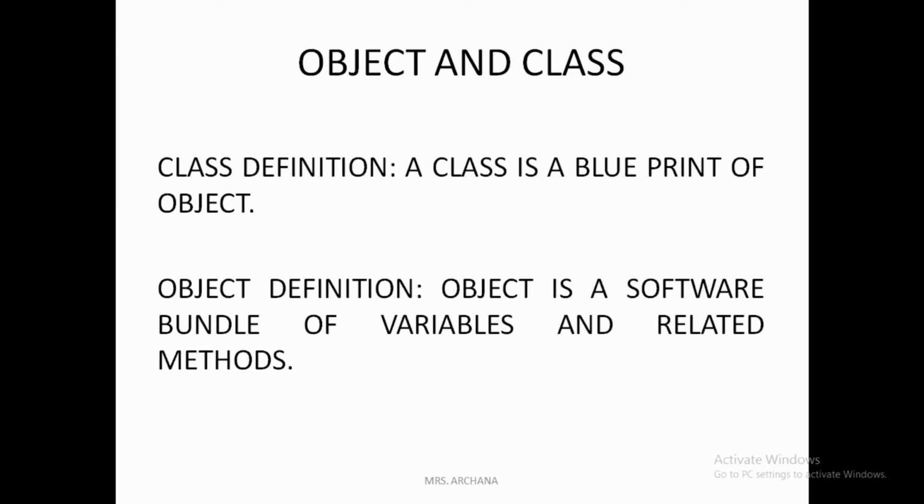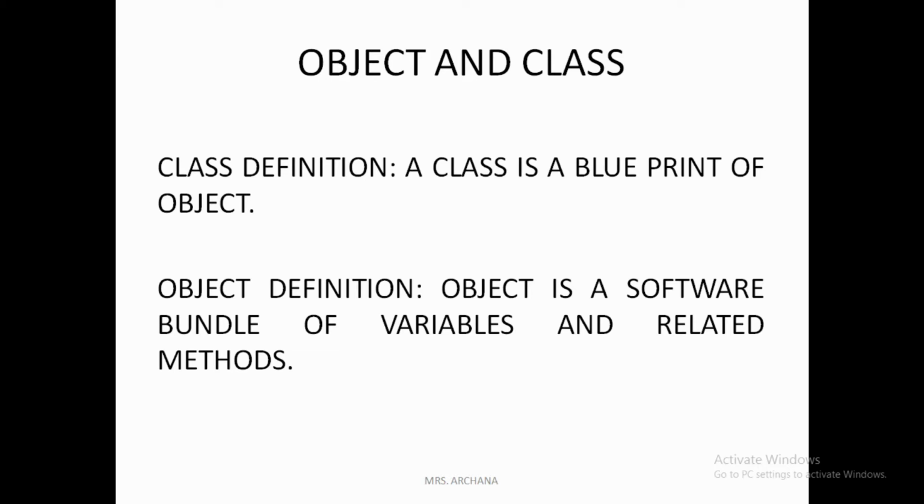In this slide, the definition of class and object is shown. As can be seen, a class is a blueprint of an object, and an object is a software bundle of variables and related methods.